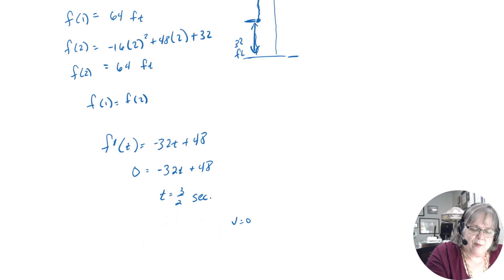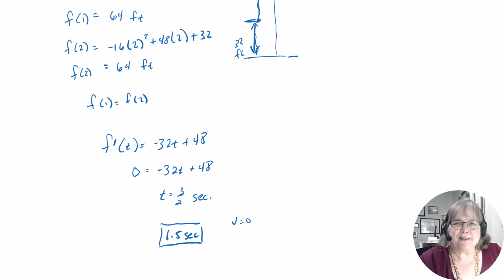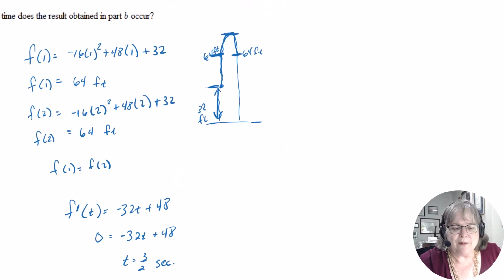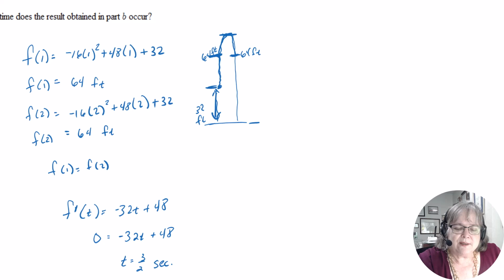Because if you've thrown a ball up, you can watch it. It's actually easier if you watch somebody else throw it up. You launch it at some certain speed, and as it goes up, it starts slowing down until right up here it stops for just a teensy fraction of a second, and then starts to fall back down.